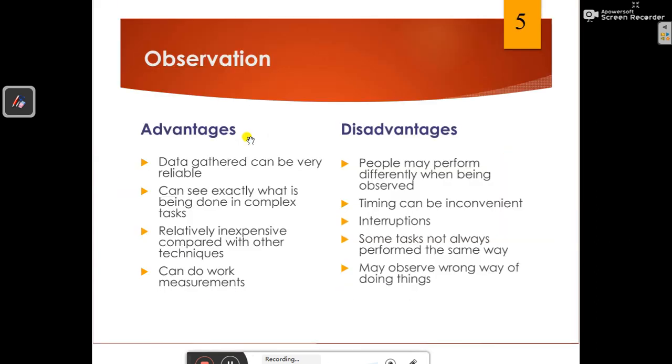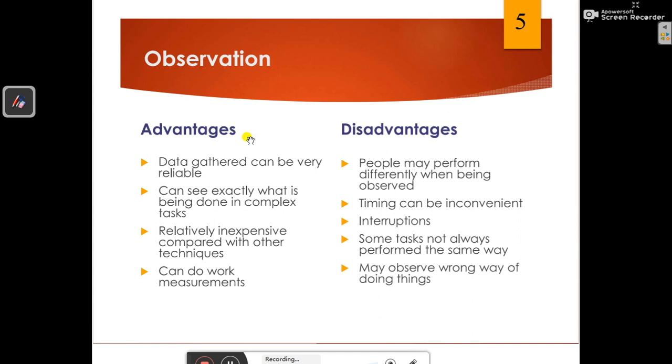There are advantages and disadvantages to this method. Data gathered can be very reliable. If you really try to find out what really happened, then you might gather lots of reliable data, and you can see exactly what is being done in complex tasks.